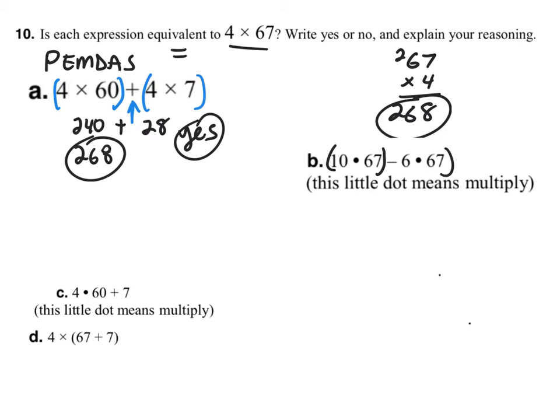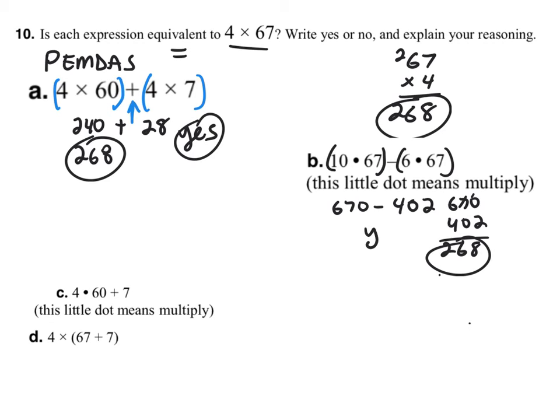So if we put parentheses around what we need to do first, 10 times 67 is 670, minus 67 times 6 is 402. So 670 minus 402, and we borrow, 268. So we say yes, this is equivalent.